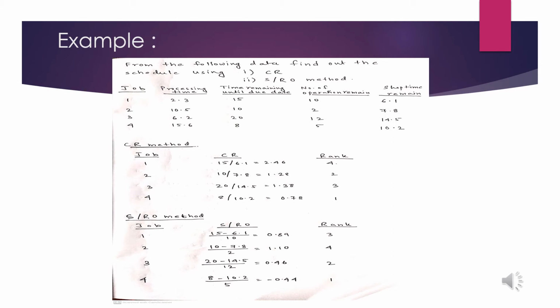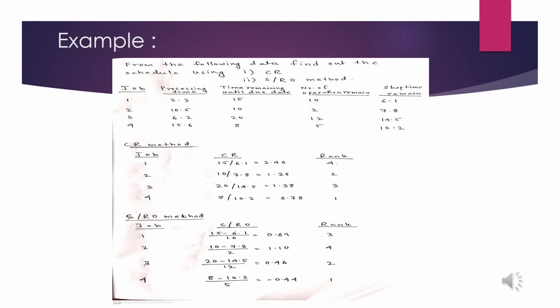The time remaining until the due date is 15, 10, 20 and 8, the number of operations remaining are 10, 2, 12 and 5, and the shop time remaining is 6.1, 7.8, 14.5 and 10.2.